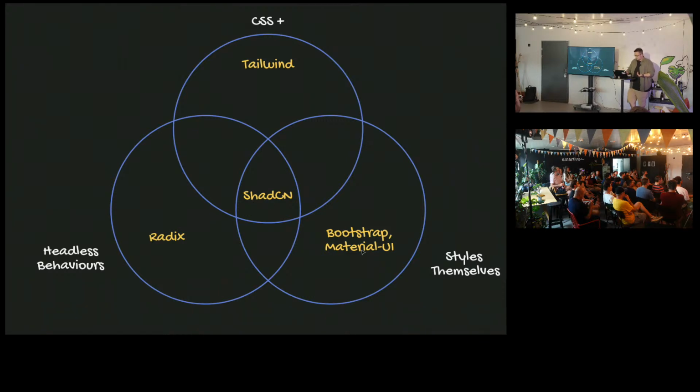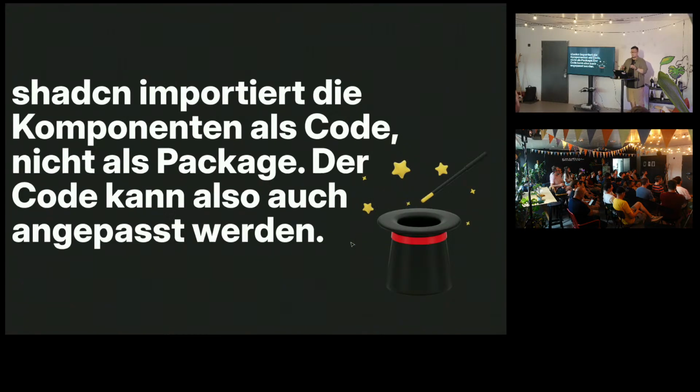And that's also why it's different to them, because they approach it differently. And one of the biggest differences to me, and why my old hat as a software engineer was like, oh, right, nice, there's really something new, is you're not importing the components as a package. If we're being real, you're basically just copy-pasting code, which sounds bad, but the biggest benefit is that you have the component as code in your library, and you can customize it.